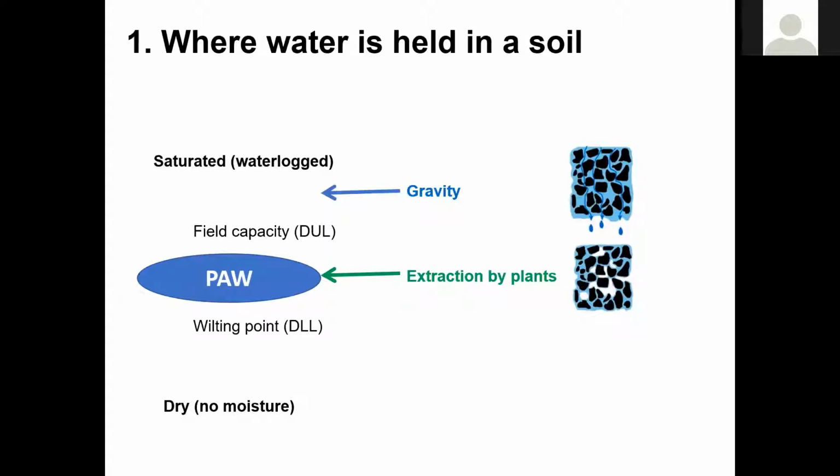That's what we call plant available water, the water that the plants use to grow. And the last bit of drainage that occurs in a soil profile is through evaporation, by those soils drying below wilting point. The plants can't extract moisture, but the soil can actually dry down below wilting point, and that's often when we have drought.